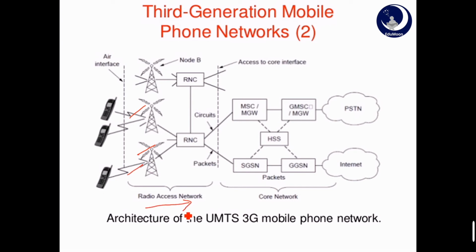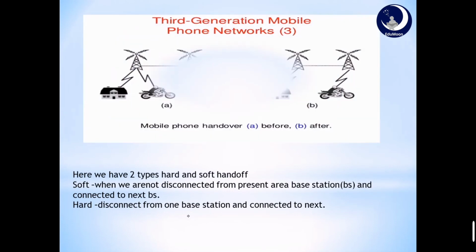There is a technique called handoff or handover. Handoff means, for example, when we shift from one base station to another. For example, if we are traveling from one area to another, say from the complex to beach road, and you are talking with your friend while traveling, first your phone will be connected to the nearest base station.